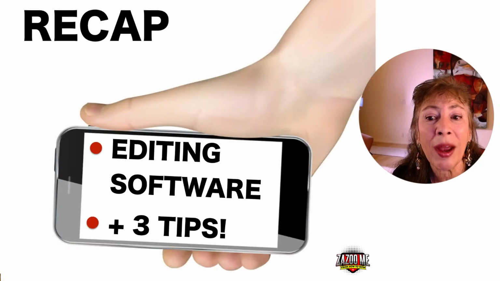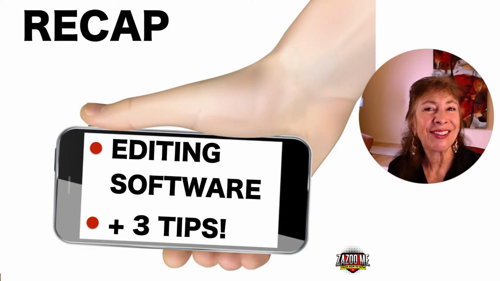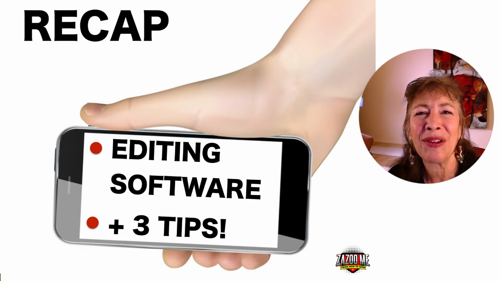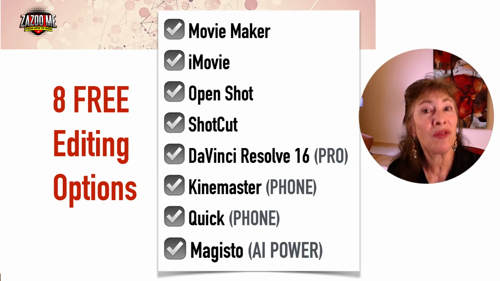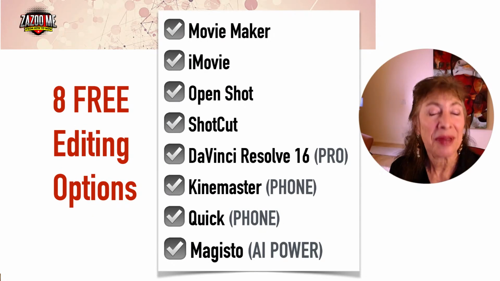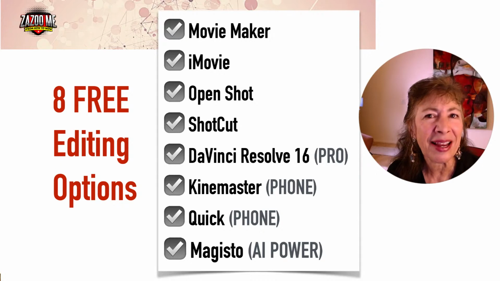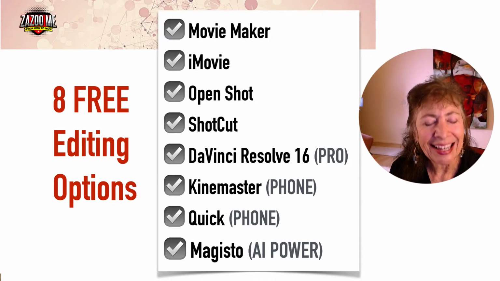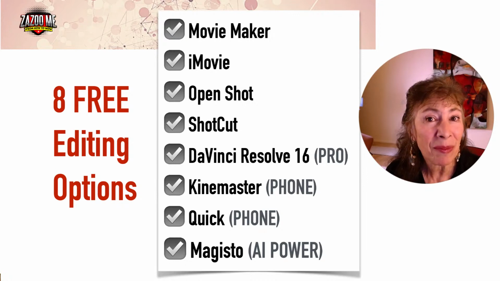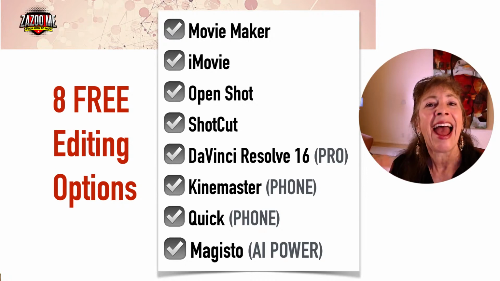Let me quickly recap the editing software I covered, and then I'm going to give you 3 additional tips. We covered Movie Maker, which is for PC users. It is a very basic program. It's free, and it's got a simple and easy user interface. iMovie is for Mac only.